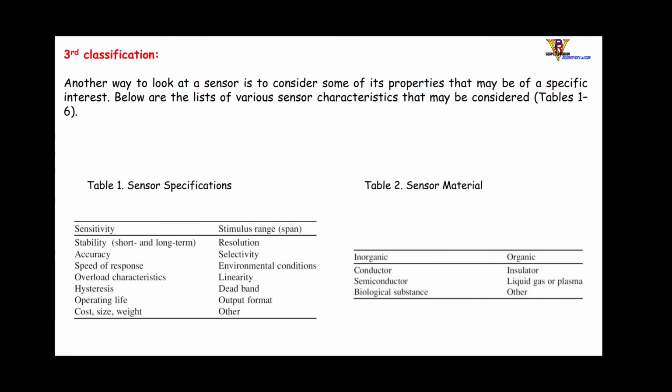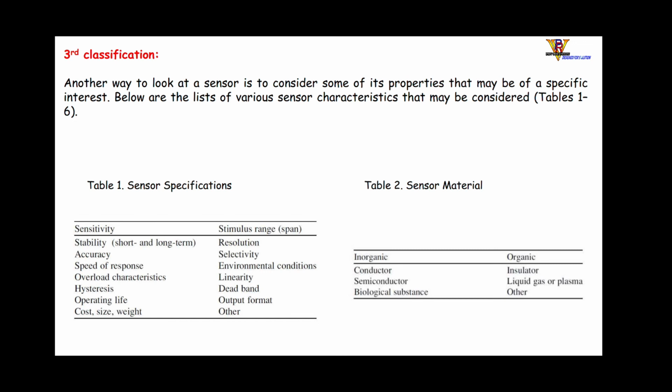And the third classification of sensors is based upon some of their properties, applications, and characteristics. Table 1 shows the sensor specification and table 2 shows the sensor material. Sensor specifications we will study later.